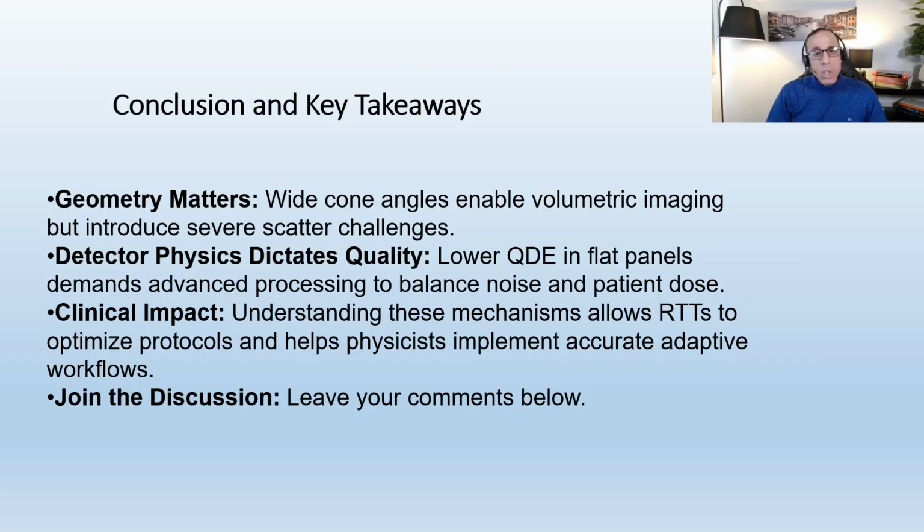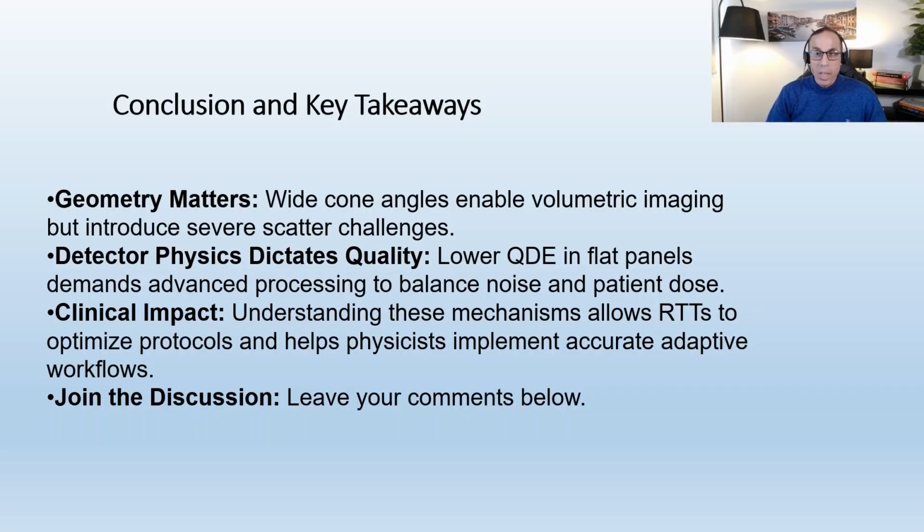Now we can summarize the whole talk in this slide. First, geometry matters. While a wide cone angle allows us to capture 3D volumetric images in a single sweep, it brings along significant scatter challenges. Second, detector physics directly dictates image quality.